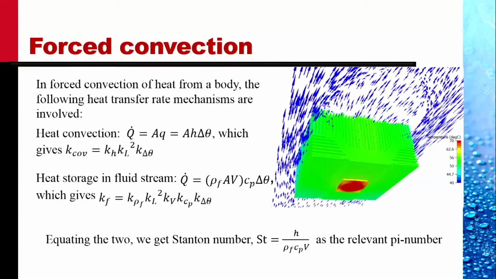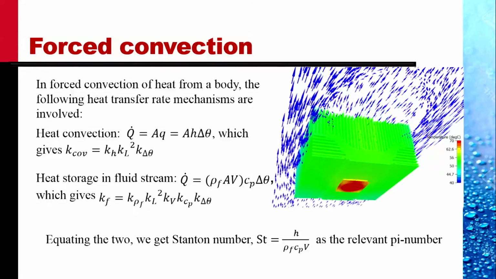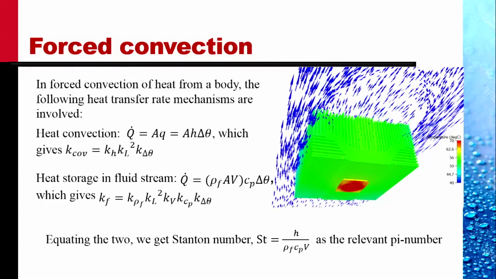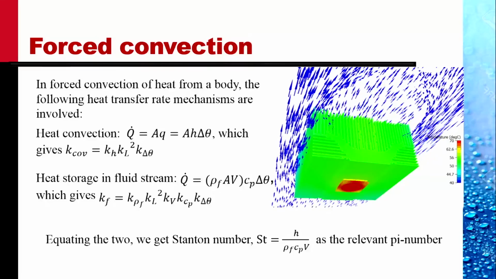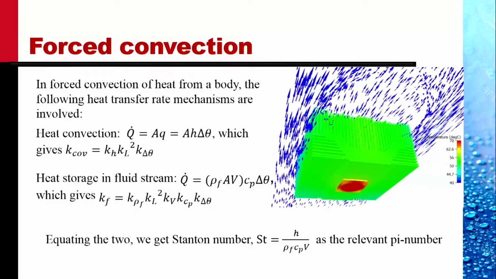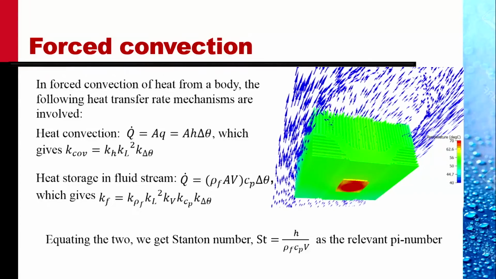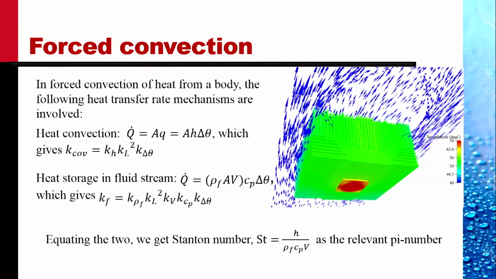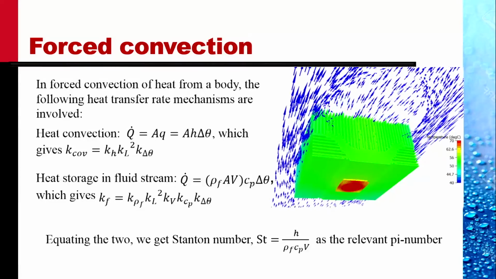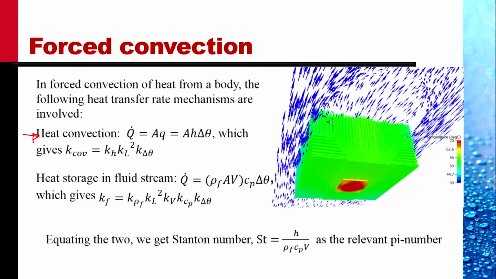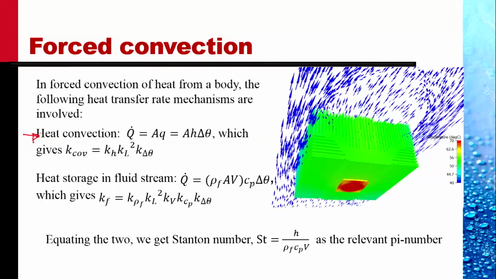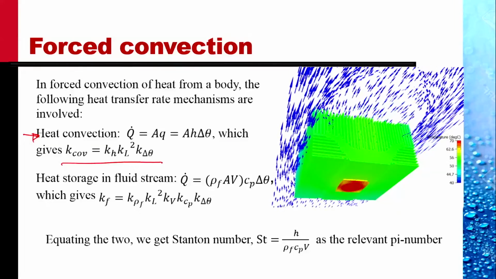Let's consider forced convection in which a stream of a fluid is passing past a hot object and is picking up heat from there. The stream is heated up and moves away, and this motion is forced. The following heat transfer mechanisms are involved: the heat convection. The law is Newton's law of cooling, which gives you this scale factor for the convective rate.